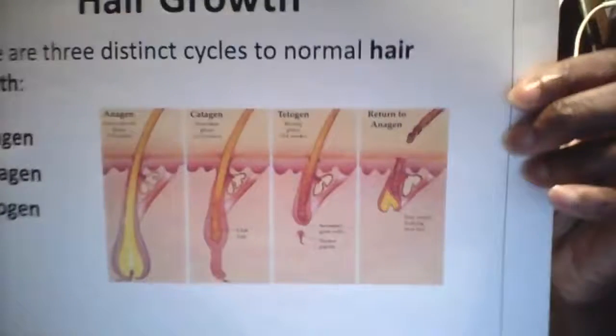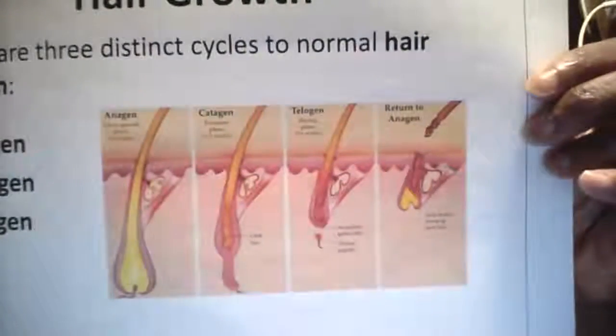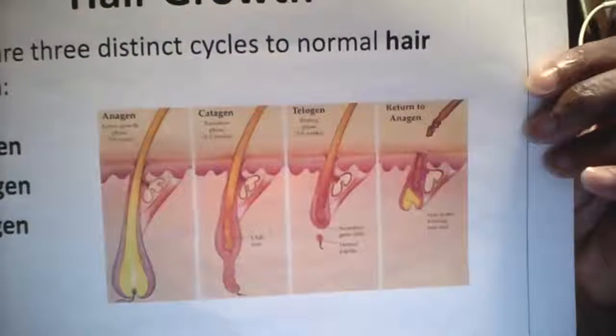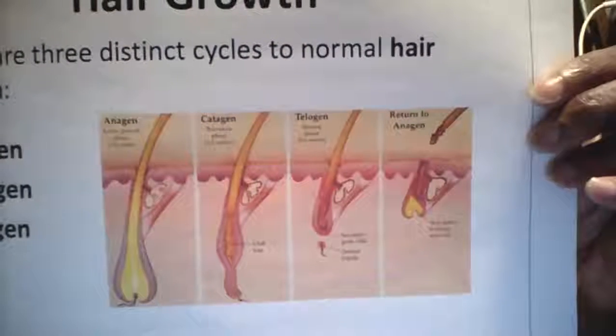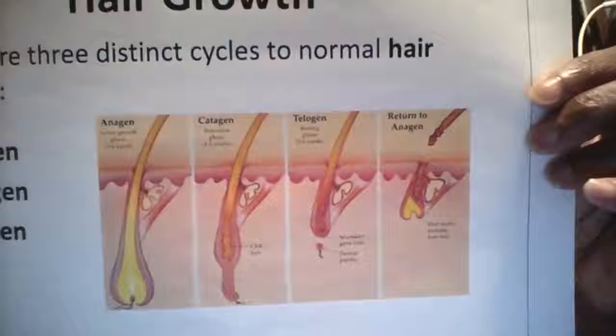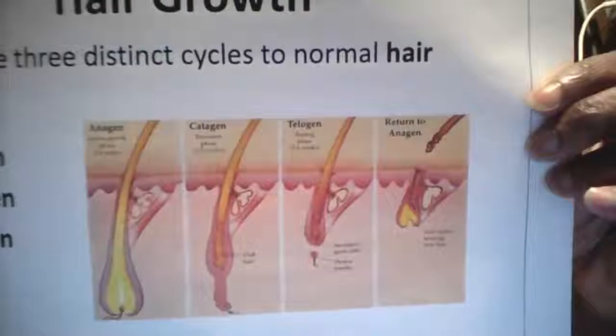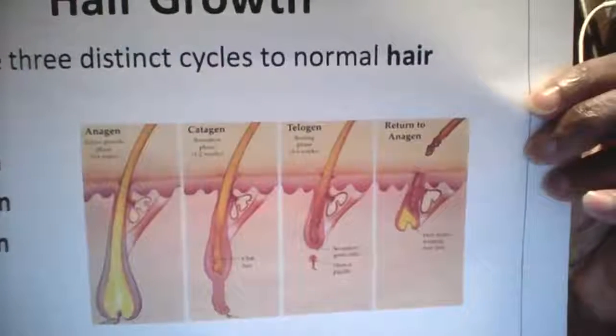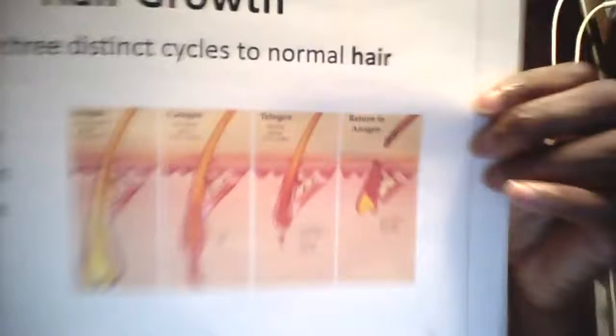Oh, I better show you this, just in case you can see. We're going to go over the anagen, catagen, and telogen. And then what it does is like a cycle.